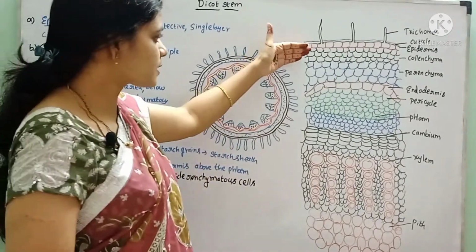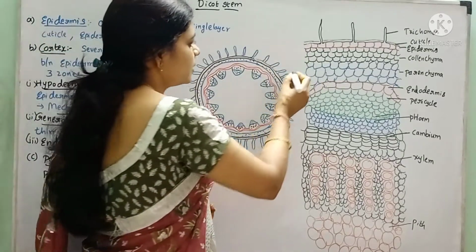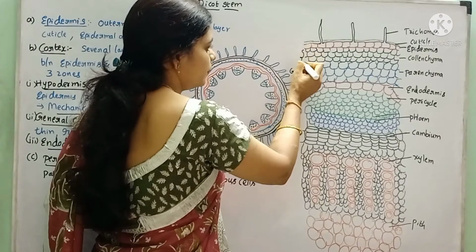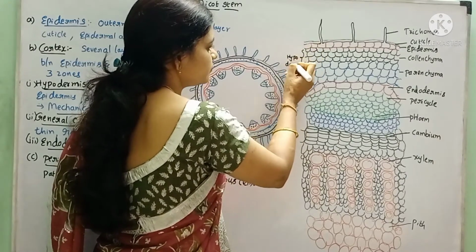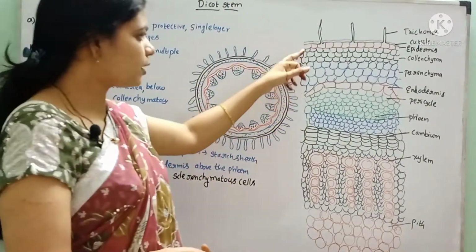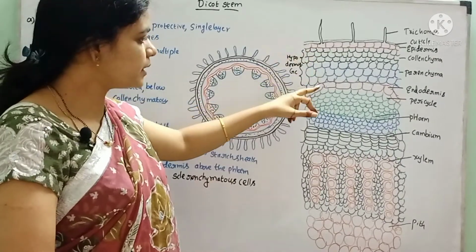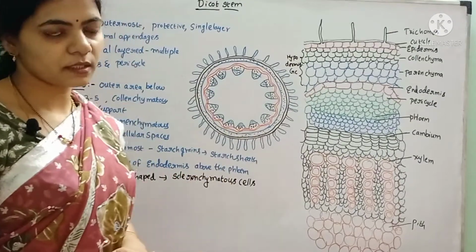Next to this collenchyma is the general cortex. This is the hypodermis. The next one is the general cortex, which is present below the hypodermis, between the hypodermis and endodermis.